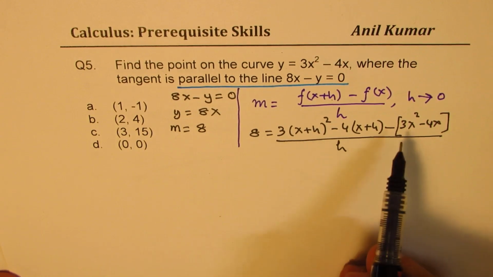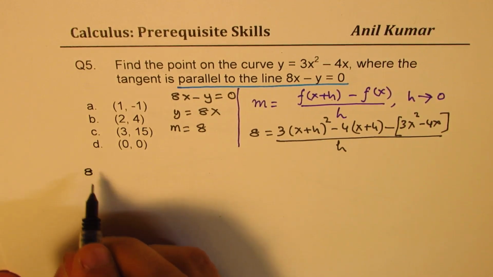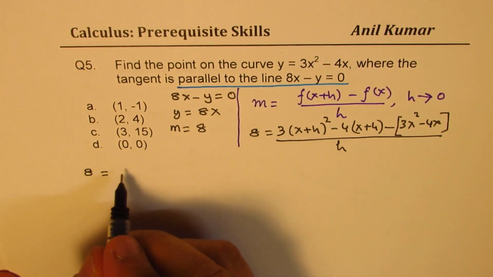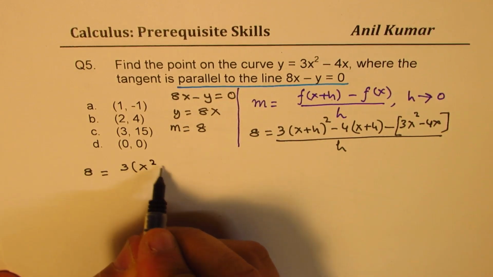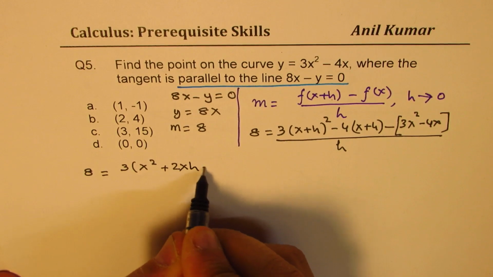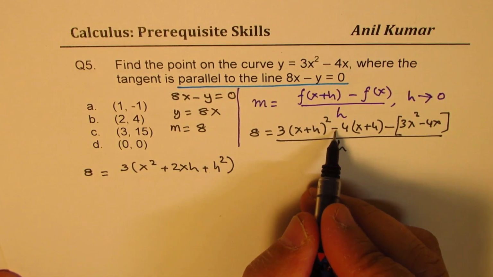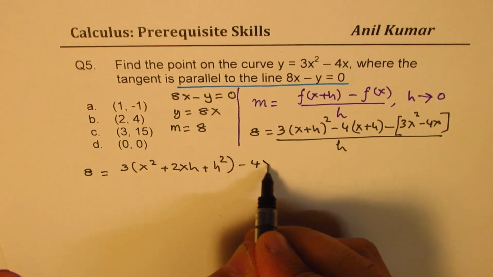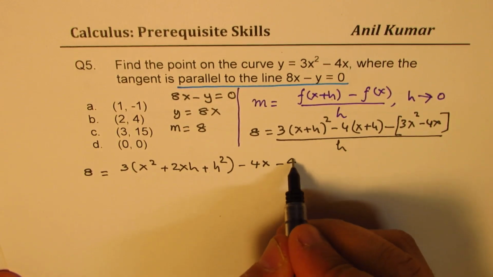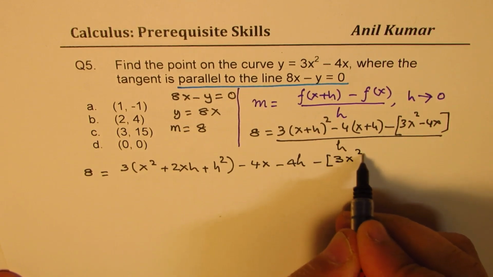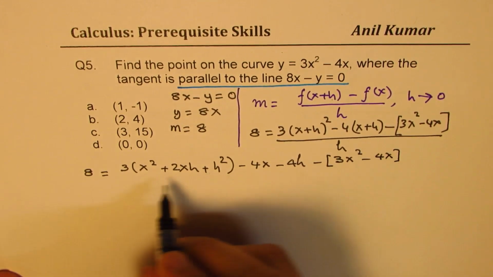So now let me expand this and simplify to get the point, right? So we'll get the value of x. So I'm writing 8 and we'll expand this. We got 3 times x squared plus 2xh plus h squared. So that is the first term, minus 4 times x plus h, which is minus 4x minus 4h. And here we have within brackets 3x squared minus 4x.